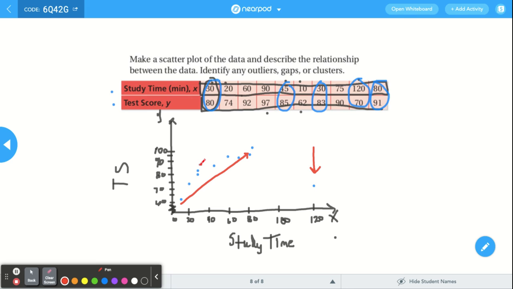You might be able to argue that there's a cluster here, but that's just because I have two pieces of data, which is not a lot. 20% of the data is right there. But the main thing is that there is a positive relationship and there is one single outlier, somebody who really doesn't fit the trend that I noticed.